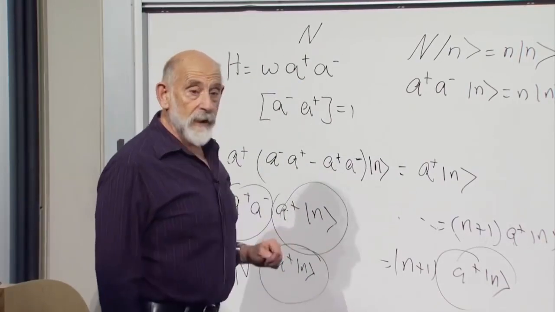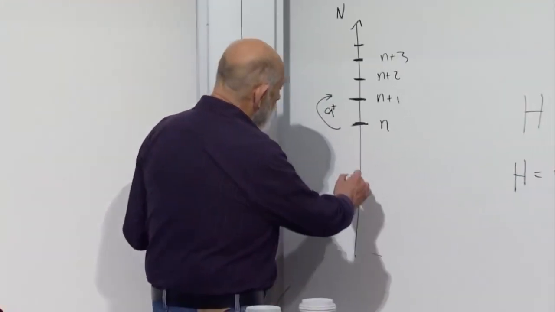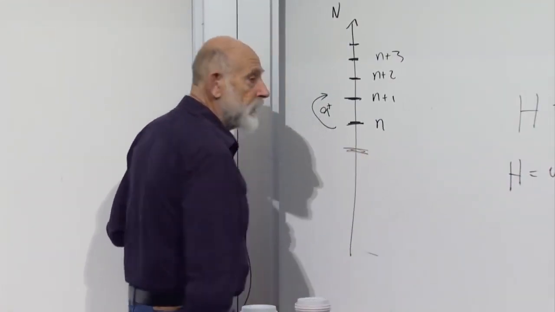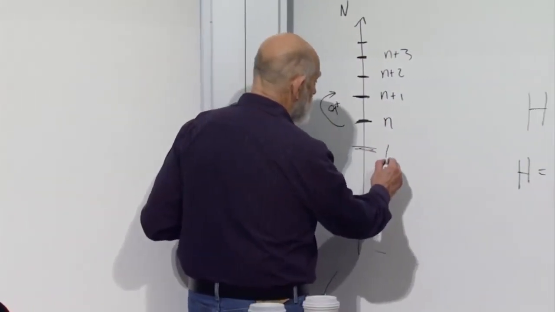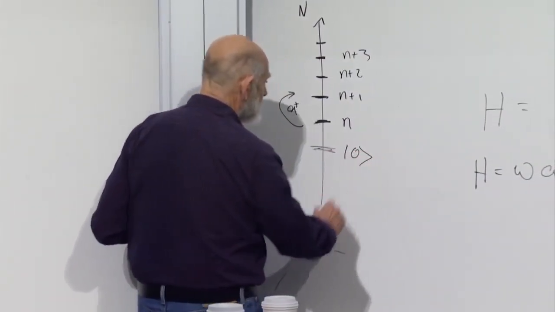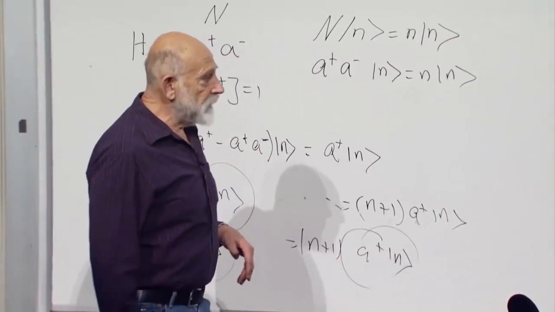So it can't go indefinitely down. There's got to be a last one. That last one is called the ground state, and it's usually labeled 0.